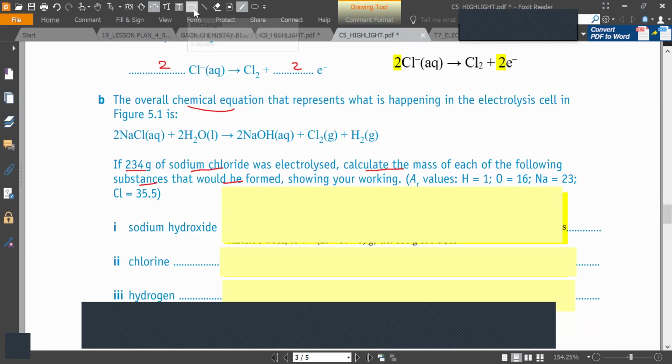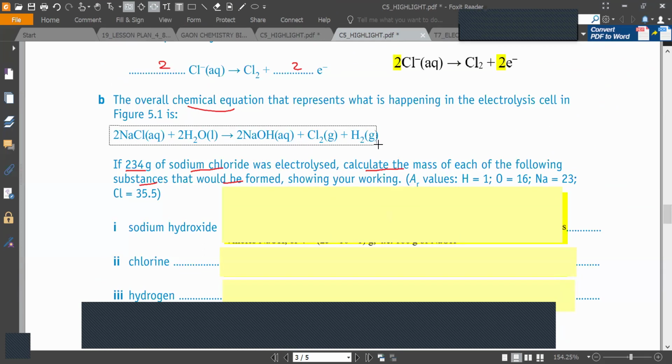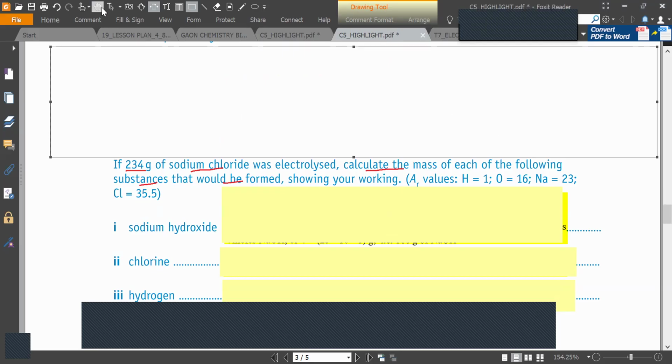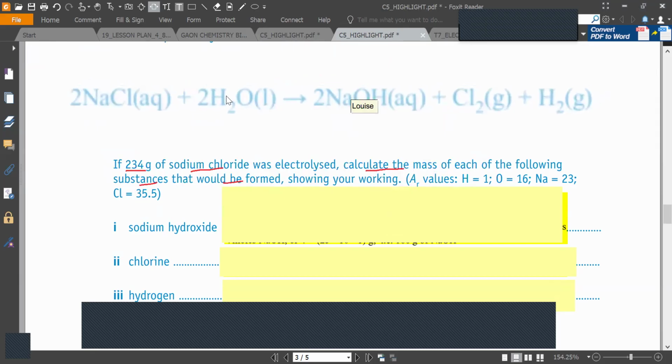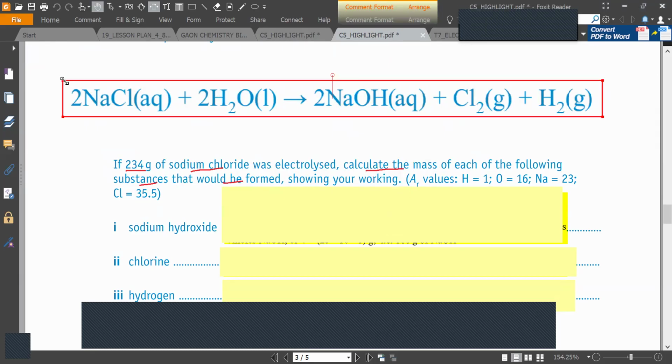We can copy this, like this. We did the chemical calculation in the last topic, so hopefully you can still remember.